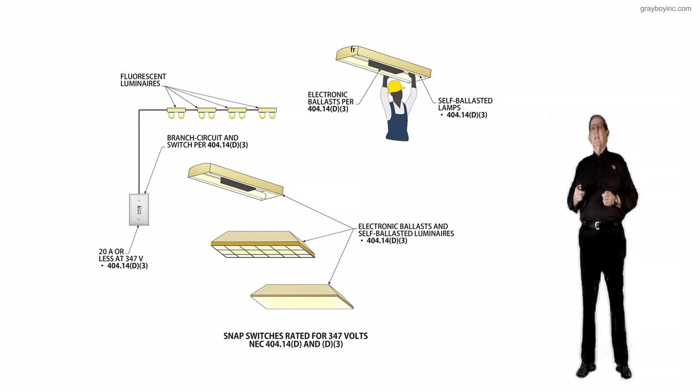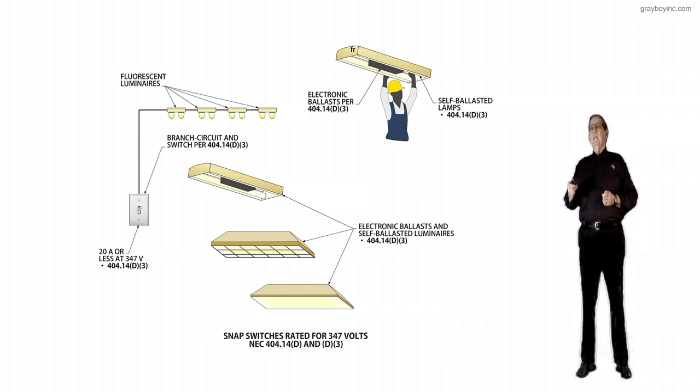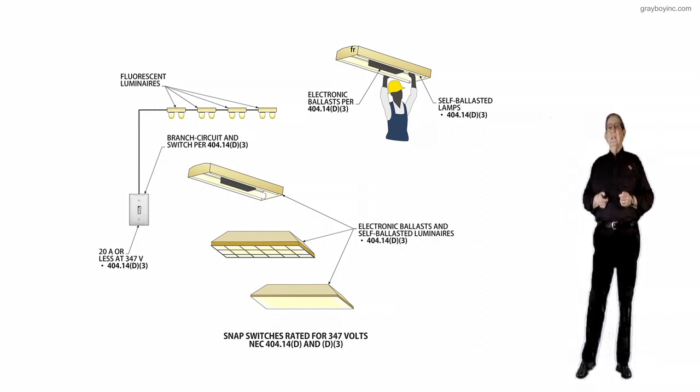And notice the electronic ballast, 404.14(D)(3) allows it. And then self-ballast lamps are also listed there in 404.14(D)(3). So you can see you have the arrow to the left pointing to the ballast, but you have the self-ballast lamps arrow pointing to the lamps there.